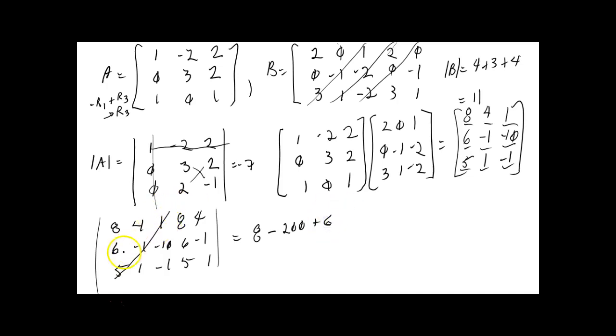All right, it's going to be a plus 5 because this is a minus, but you take the minus of that and that would be plus 5. Next one is going to be plus 80. And the last one's going to be plus 24. All right.